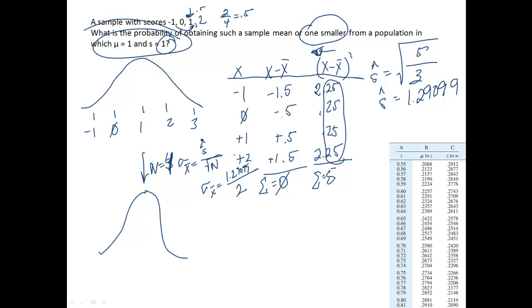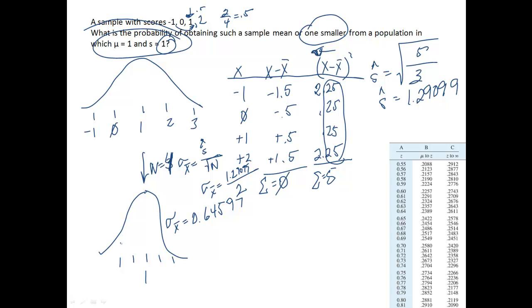And I get a sigma sub x bar for this bottom distribution, which is still centered around 1, central limit theorem, right, with a sigma sub x bar of 0.64597.